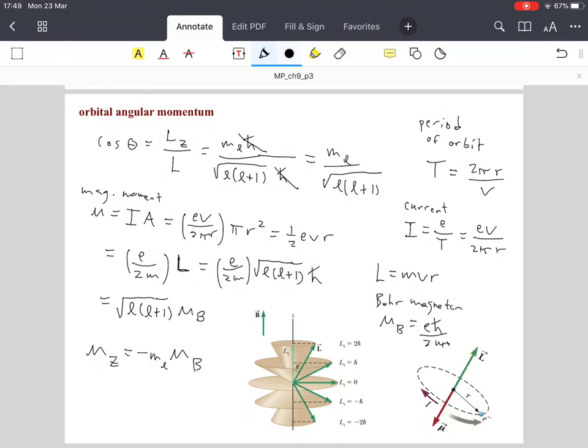Okay, and the negative sign is just saying that this is in the opposite direction of a positive z, right? So, good. From this, we're going to look at an example.